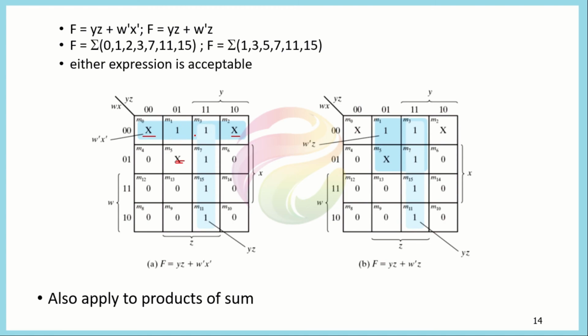But we could also minimize more if we consider these x as 1. Now if you consider both of them as 1, then we could also combine these 4 blocks together of adjacent 1.